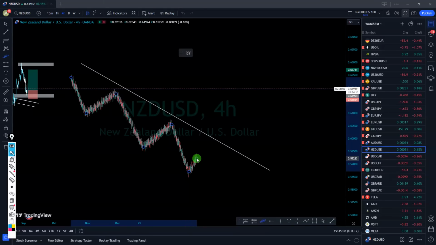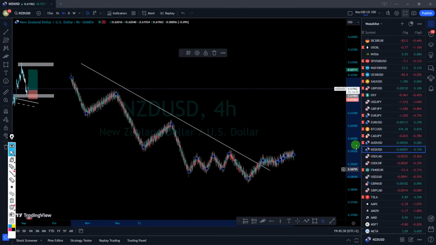So before breakout, then the market does something like this. What? This thing doesn't want to stop.